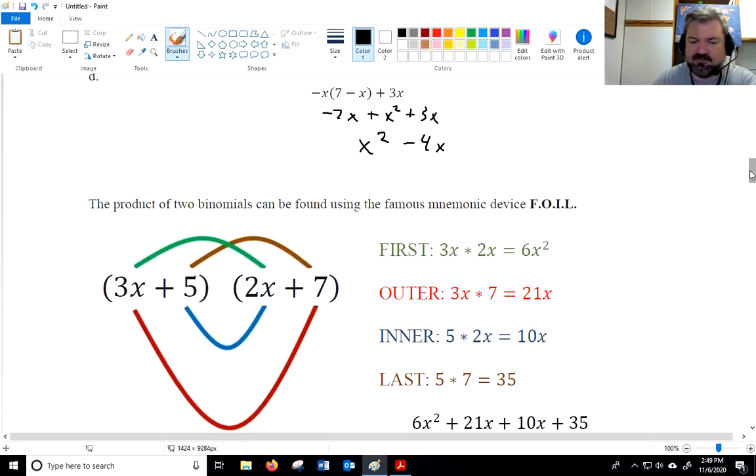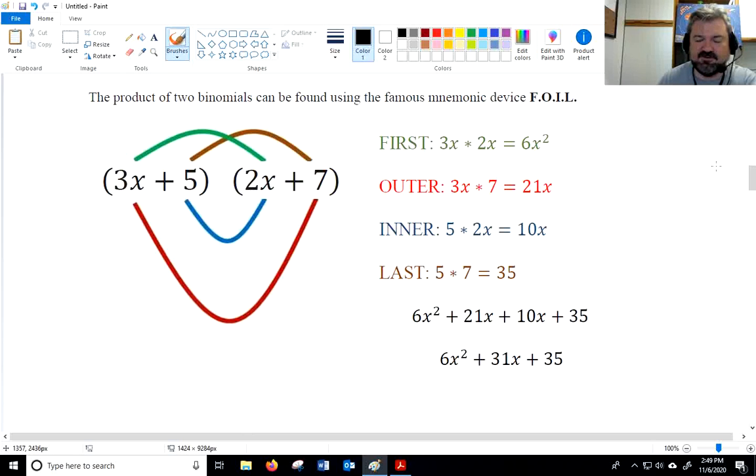All right, the product of two binomials, these are binomials, bi meaning two, right? So a binomial has got two of these terms here. The product of two binomials can be found with the famous mnemonic FOIL. Stands for first, outer, inner, last. And you can see how I kind of trace that out here. You can see that the first here I'm indicating with green, the first terms in each factor.